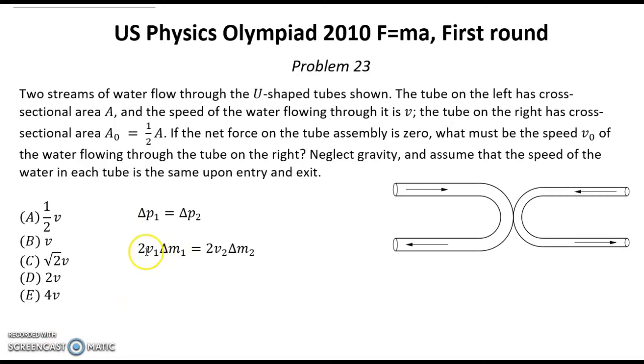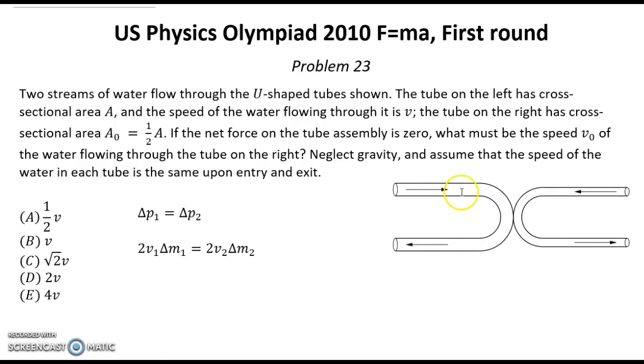Suppose that the speed of water on the left is v1 and we have mass dm1 which is flowing for time delta t through this pipe. So it means that here we had momentum v1 delta m1, and after time delta t we have momentum negative v1 multiplied by dm1.